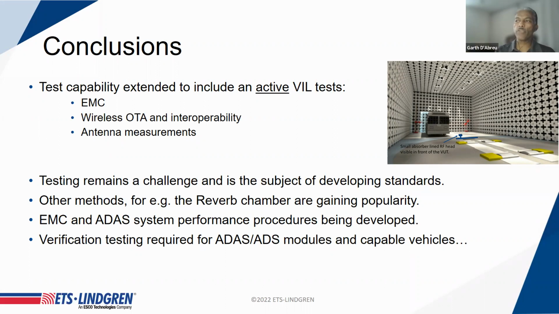Other methods like the reverb chamber are gaining popularity for obvious reasons. And as I said, it's been introduced for full vehicle testing in the automotive industry. And then we have the ADAS features, which I think would be among the discussions that we have within the standards community for some future revisions of the standards documents.